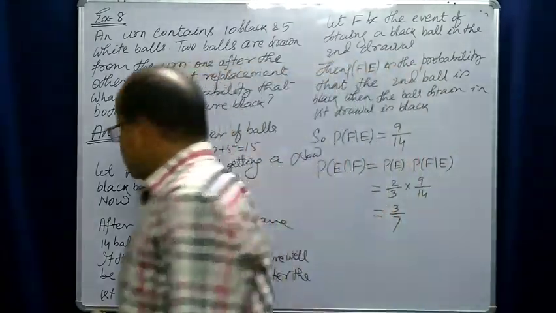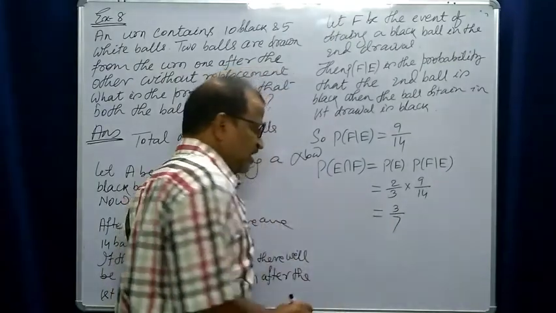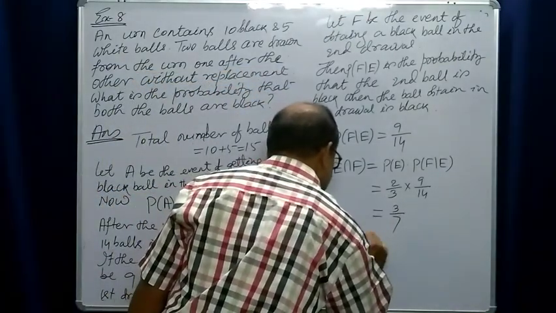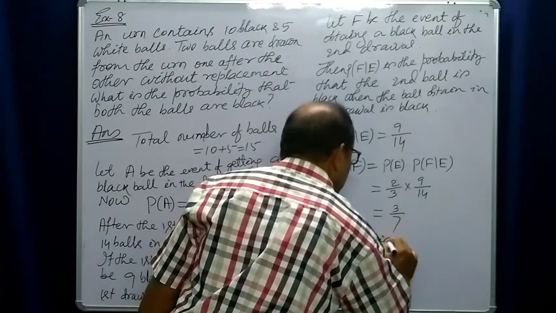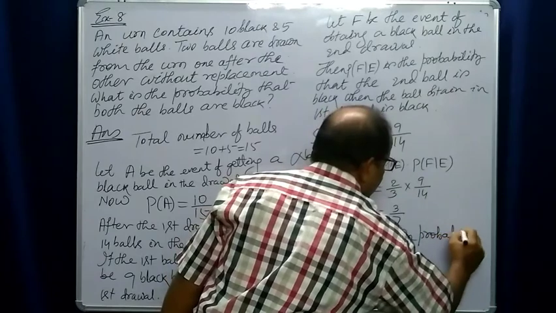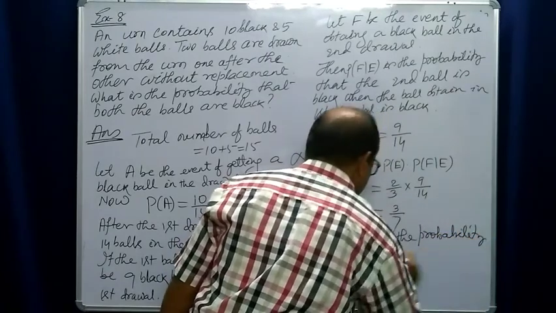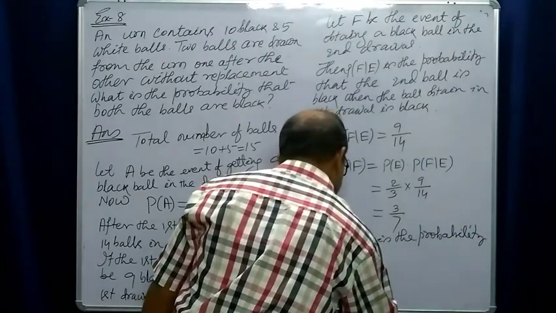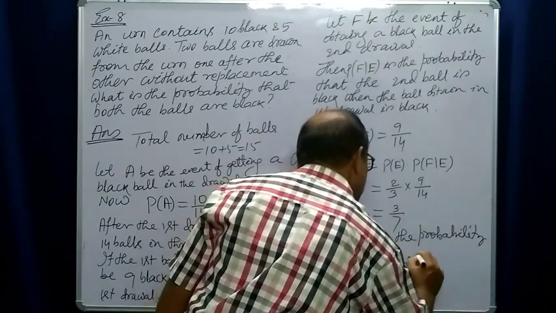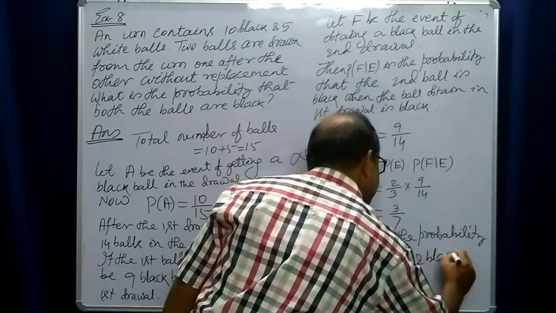Thus 3 by 7 is the probability of obtaining two black balls.